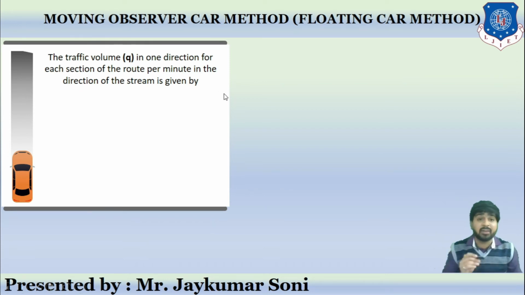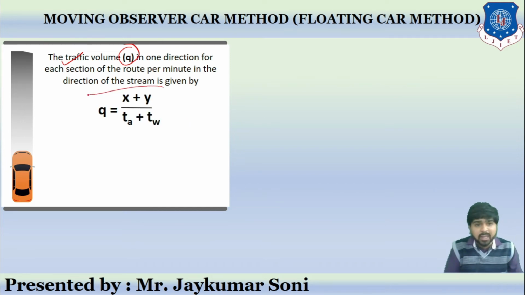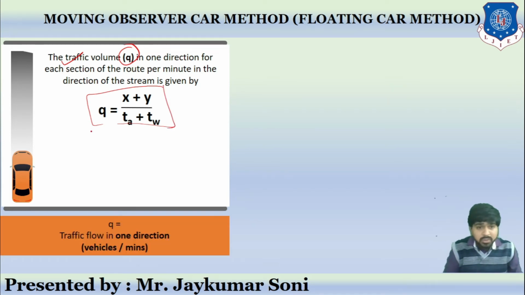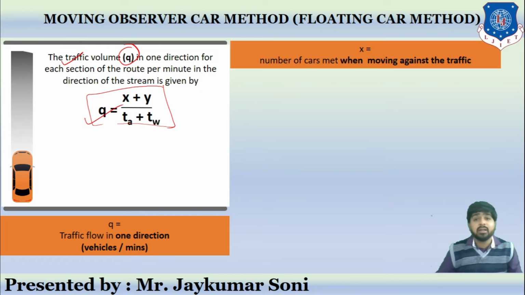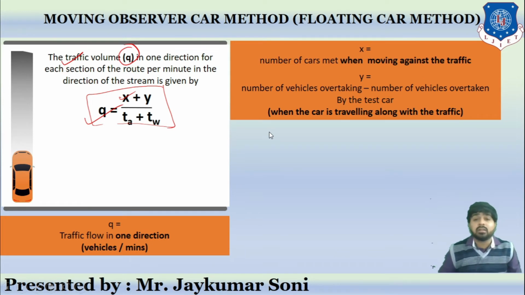First is the traffic volume q in one direction for each section of the road per minute in the direction of the stream, given by q equals (x plus y) divided by (TA plus TW), where q stands for traffic flow in one direction, x stands for the number of cars that we meet, and y stands for the number of vehicles overtaking minus the number of vehicles overtaken, which will be given in the statement of the sum.